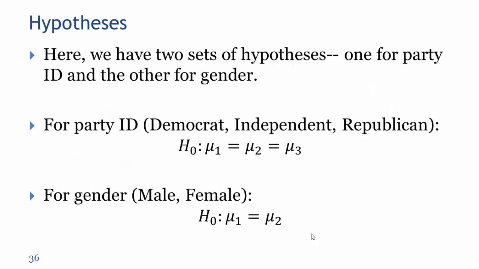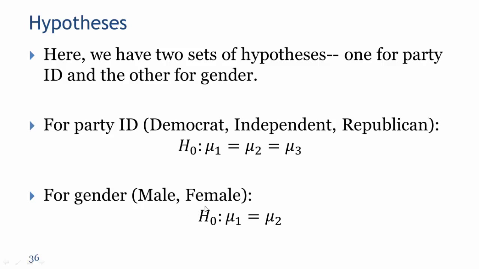The hypotheses that we are testing here are listed here. We have two sets of hypotheses, one for party identification and the other for gender. For the party ID, we have three levels, meaning three types: Democrat, Independent, and Republican. The null hypothesis is that the average scores are the same, mu1 equal to mu2 equal to mu3, and the alternative hypothesis is that at least one of them is different.